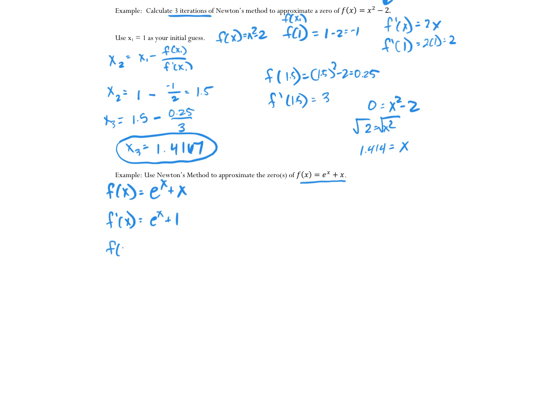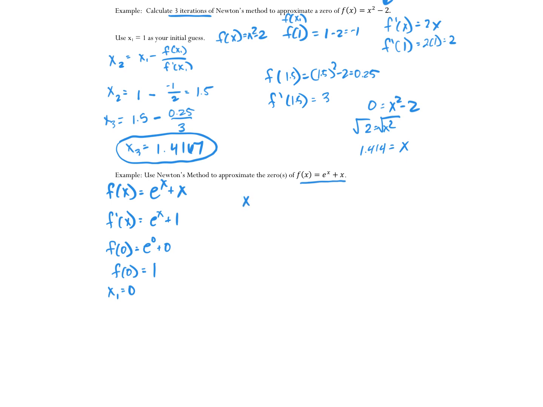As I look at this function, when x equals 0, I have e to the 0 plus 0. That's a pretty easy place for me to start, because I have f of 0 equals 1. So I'm going to let my x1 equal 0.